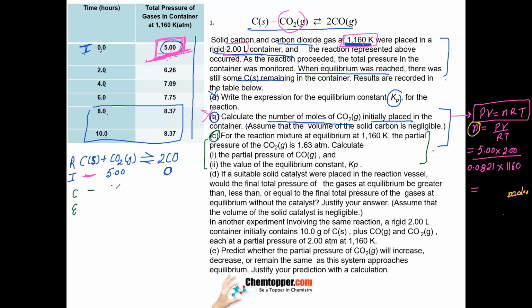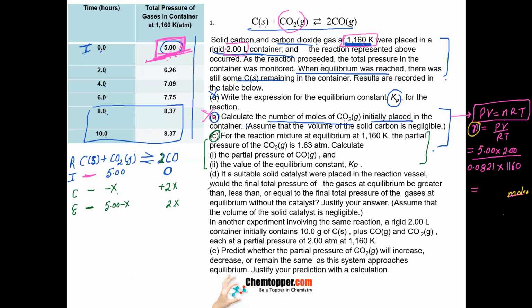So I say X amount of CO2 has undergone dissociation, X. So how much CO formed? 2X. Can you see this coefficient? 1 is giving you 2, X will give you 2X. At equilibrium, I'm not interested in solid. This one is 5.00 minus X. And this one is 2X.